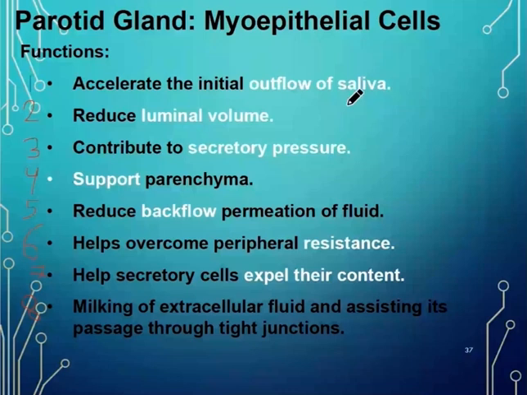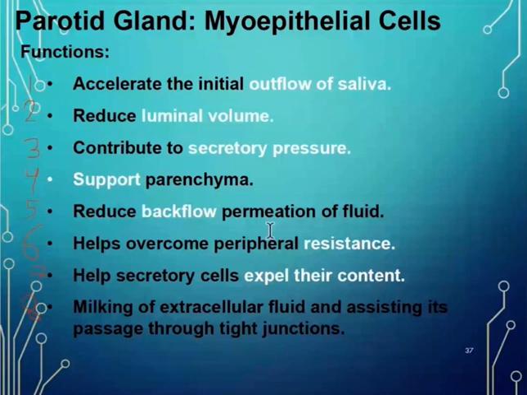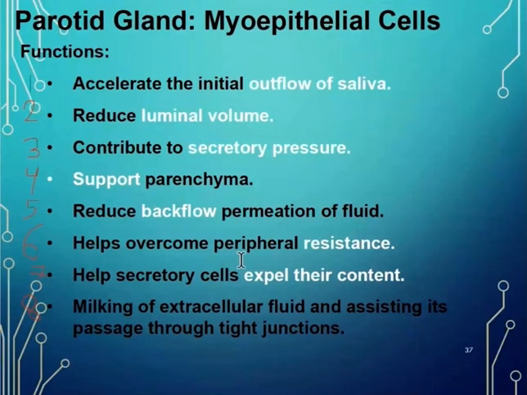We also have accelerating the initial flow of the saliva, reducing the luminal volume, and adding to the secretory pressure inside the acini, and helping the salivary flow overcome the peripheral resistance, because if it is excessive, we will have damage of the striated ducts.